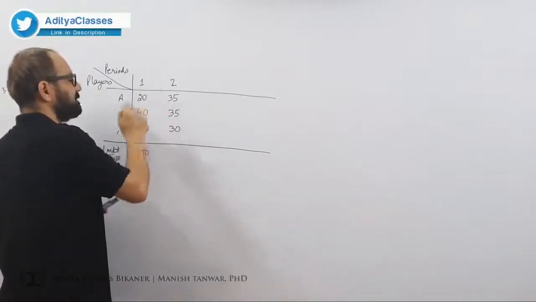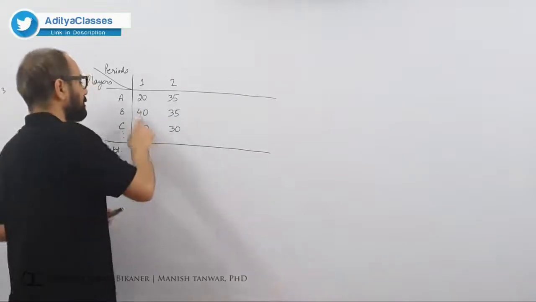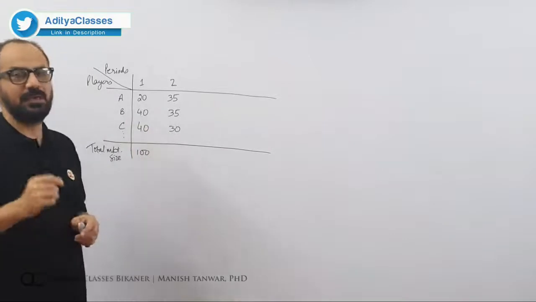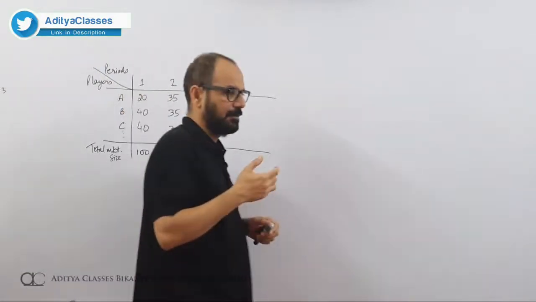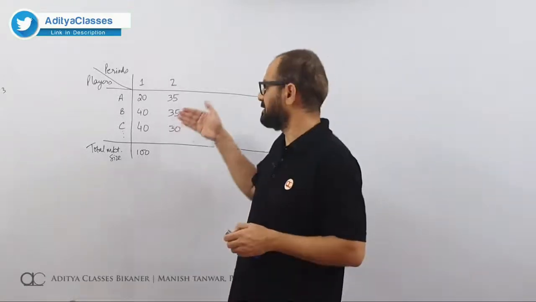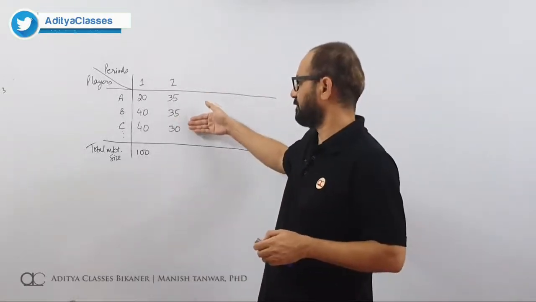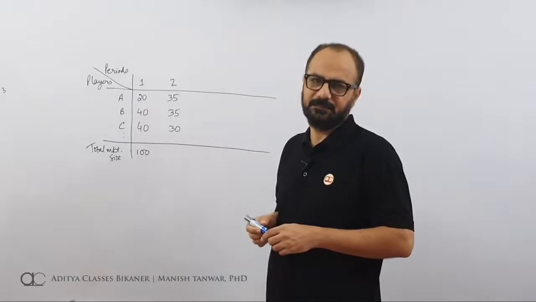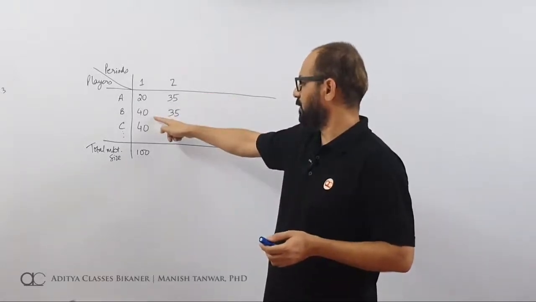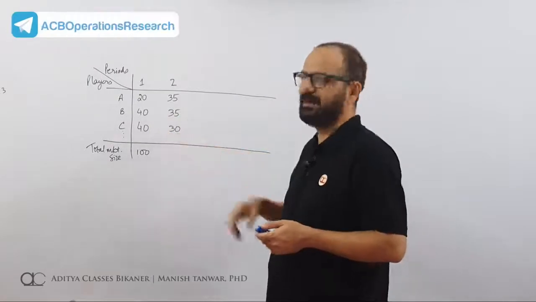The market share of A has gone up to 35. The market share of B has come down to 35, and C has come down to 30. So, A has gained something. A has gained at the expense of B and C. The 15 that A has won, 5 were lost by B and 10 were lost by C.